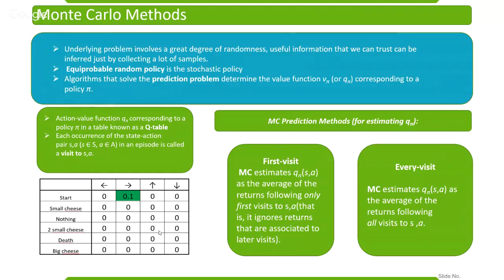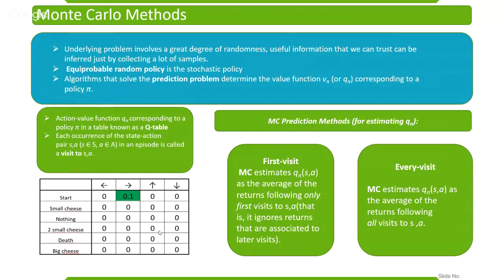If your problem statement involves a greater degree of randomness, then, going by the principles of machine learning, we should be collecting a lot of samples of data so that we do not overfit or underfit our model. That's a very basic thing which Monte Carlo methods also adhere to.